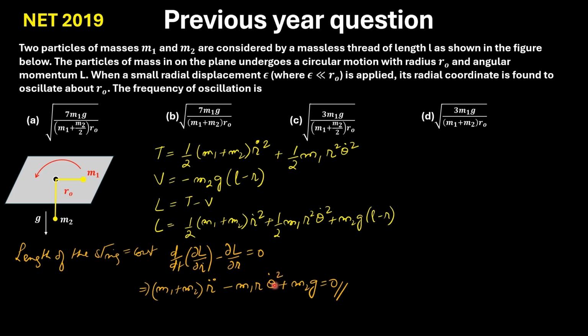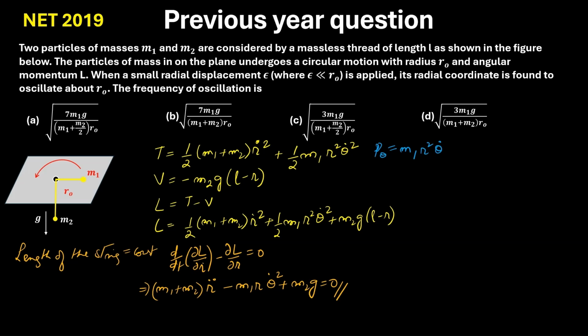To do that, we can use the fact that theta is cyclic, so the momentum corresponding to theta is a constant of motion. So m1 r squared theta dot is nothing but p theta. We get p theta by differentiating the Lagrangian with respect to theta dot.